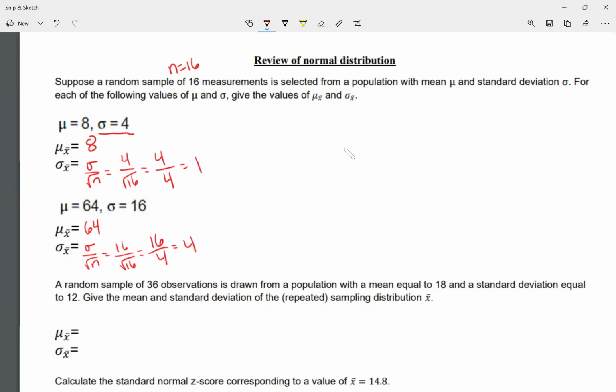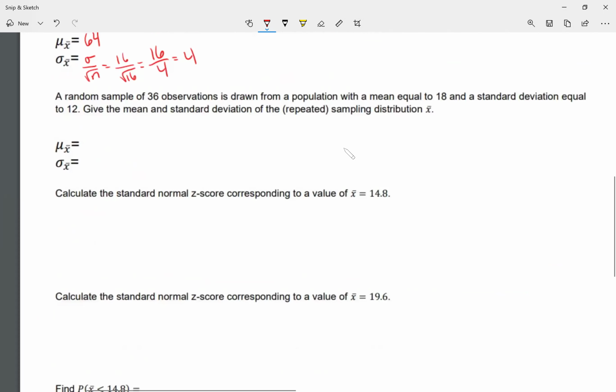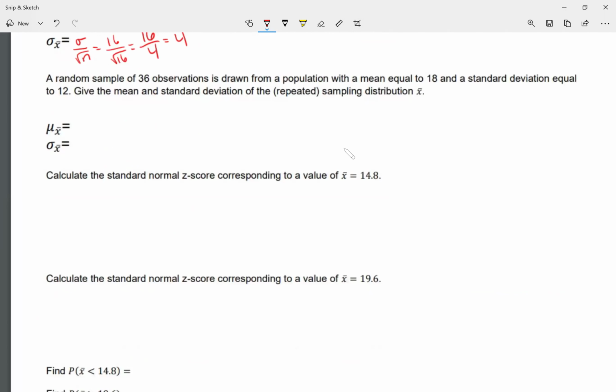Okay, so that was a quick lecture on how to get the mean and the standard deviation of the sample, because we're going to be using this. Here it says, let a random sample of 36 observations. Oh, that 36 is important. So let me just write here n is equal to 36. That's how big my sample is. It is drawn from a population with a mean equal to 18.